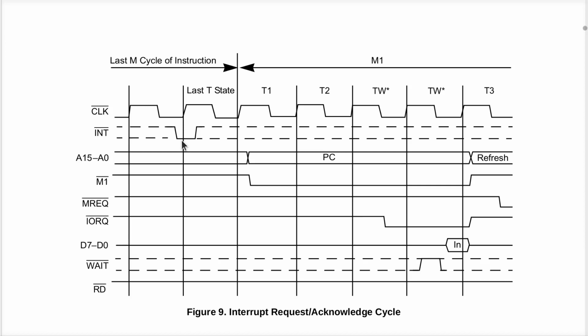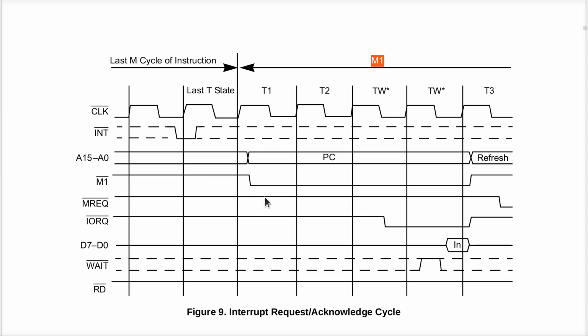If it is low, and the interrupts have not been masked off, it will respond by performing a different version of the M1 machine cycle.